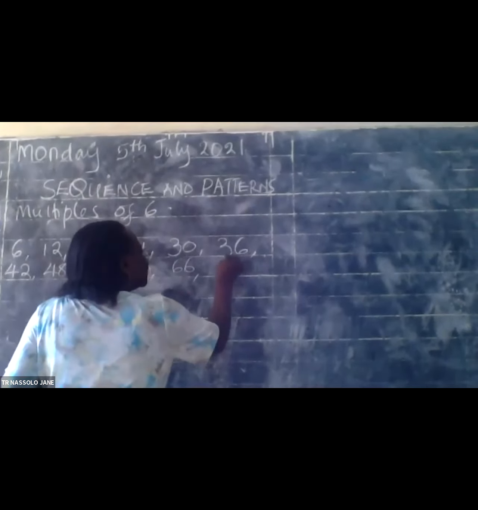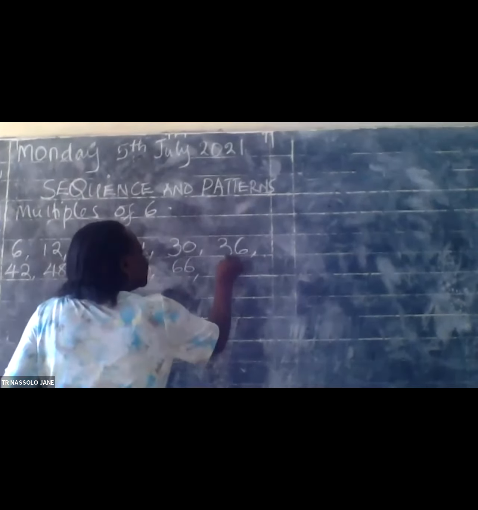Teacher, in order to get the fourth multiple of 6, we can multiply 6 by the position given. The position 4 times 6 gives us 24. Therefore, the fourth multiple of 6 can be obtained by multiplying 4 by 6. What is the 10th multiple of 6?